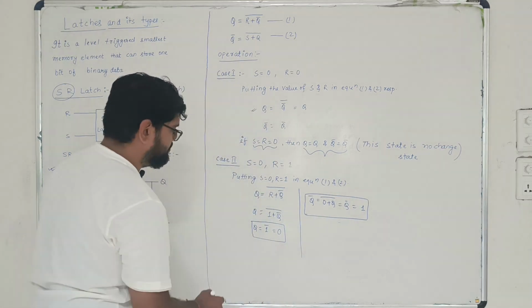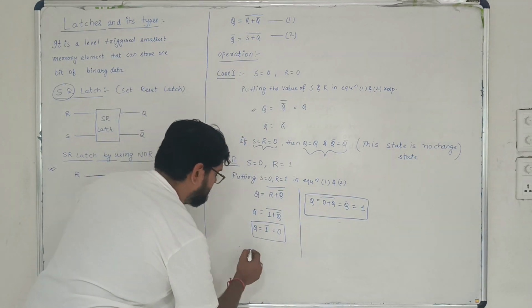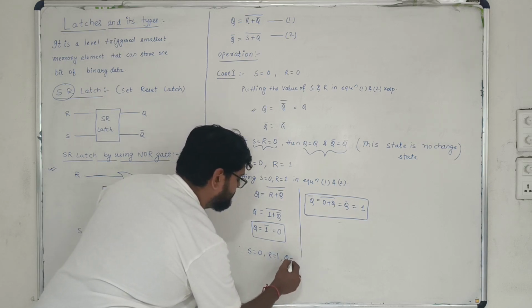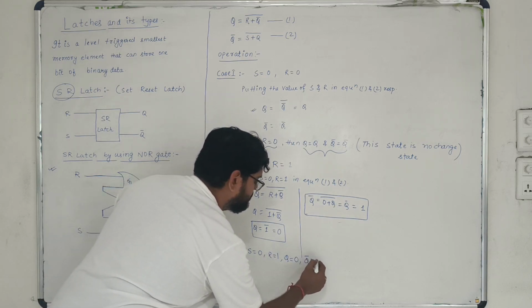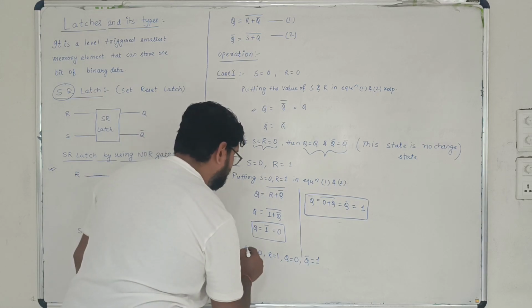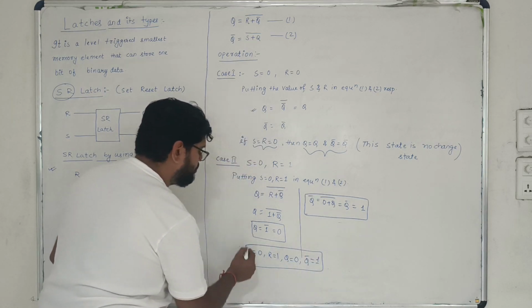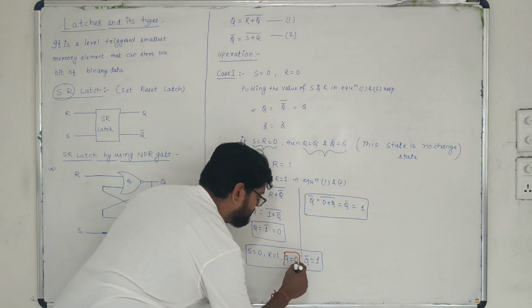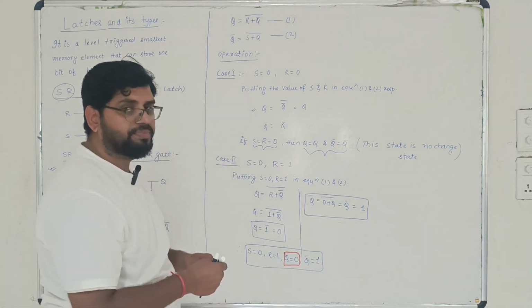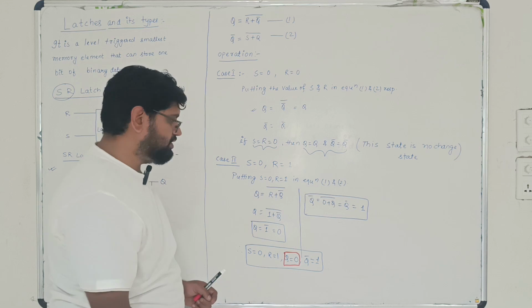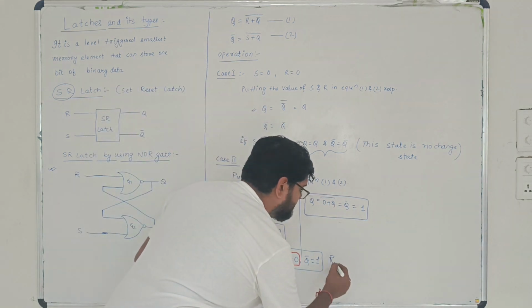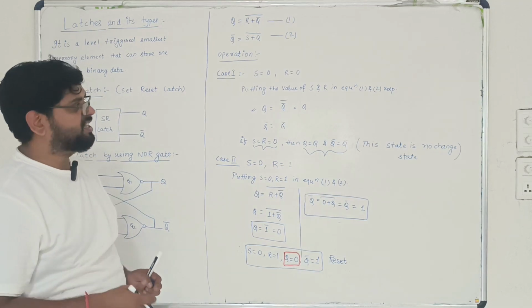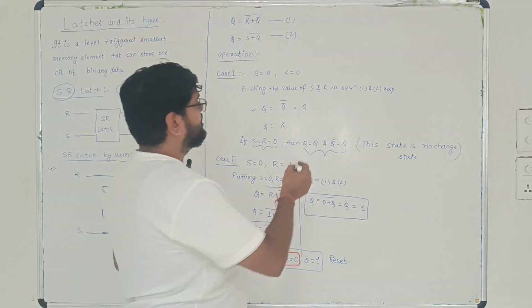So in this case, S equals to 0, R equals to 1 gives us Q equals to 0 and Q bar equals to 1. Now look at the output. The output value is coming out to be 0. So if the output is 0, we call that condition reset. So this is your case 2.